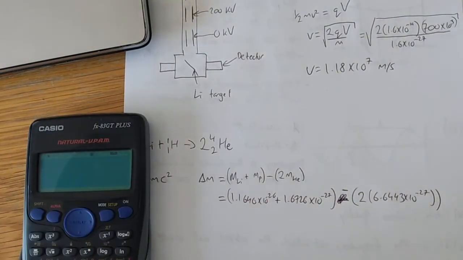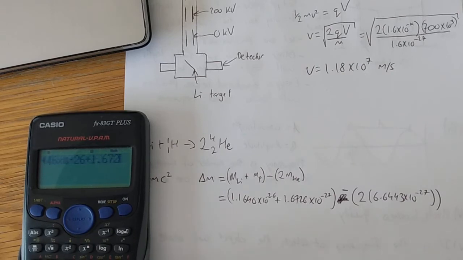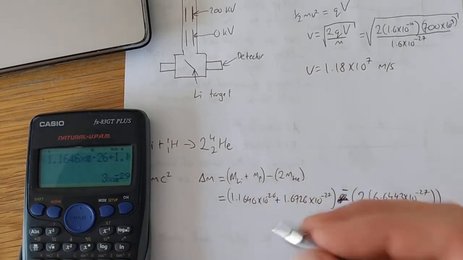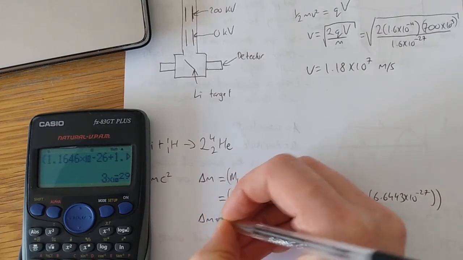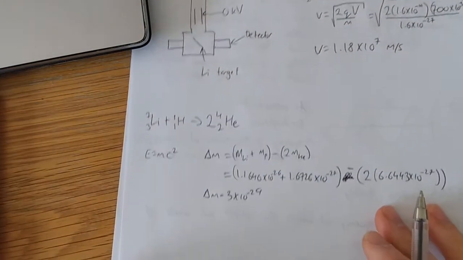So my change in mass is 3 by 10 to the negative 29.